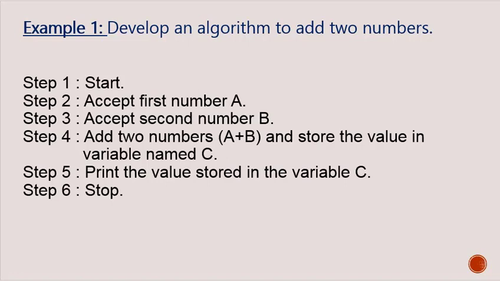In step 2 and step 3 we are accepting two numbers, the first number and the second number, because we have to find the addition of two numbers. In step 4 we are adding these two numbers and storing the value of the addition in another variable named C. And in step 5 we are printing the value that is stored in the variable C, which is also the result of the addition.